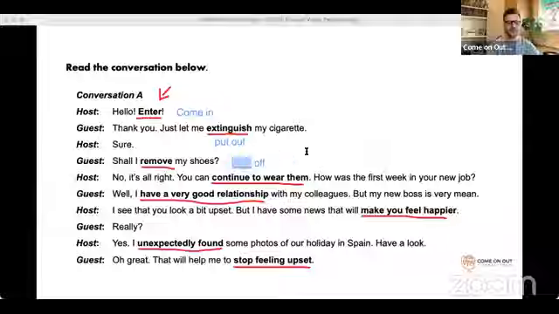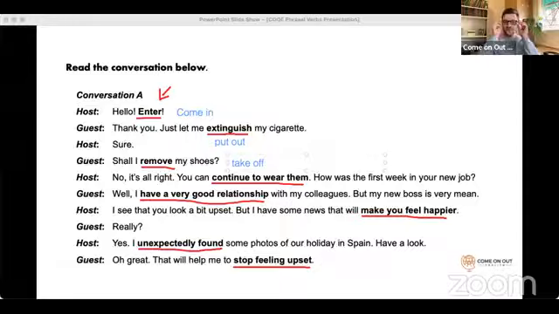We can use the phrasal verb take off. Take off. That's the same as remove. So when you talk about clothes or shoes or glasses, you can say, I take off my shoes.